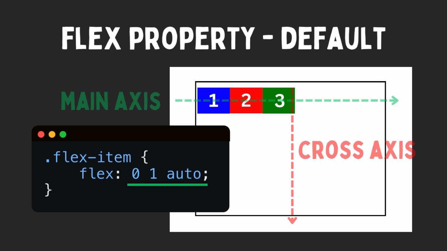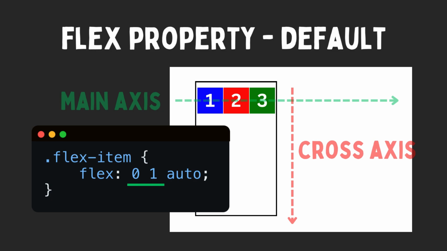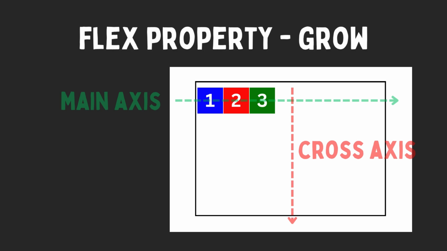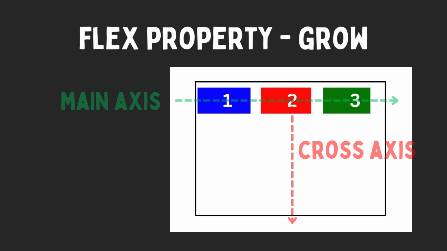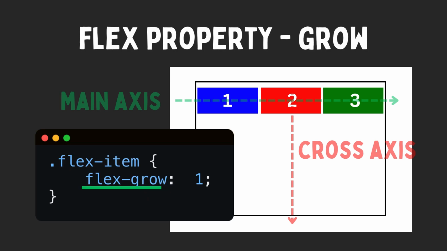This means items will not grow, but they can shrink, and their size is determined by their content or the flex basis. Flex grow allows items to expand when there's extra space in the container. For example, setting flex grow 1 makes the item grow proportionally to fill the space.